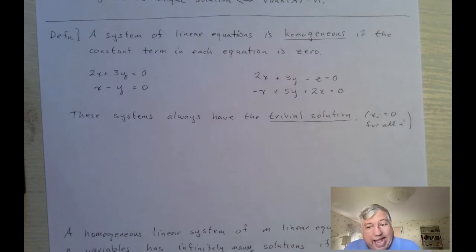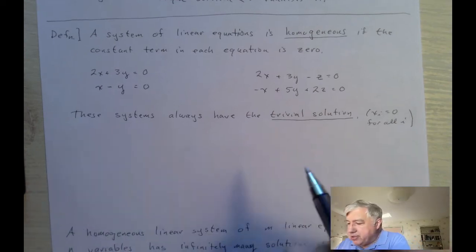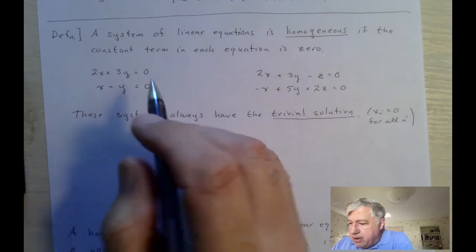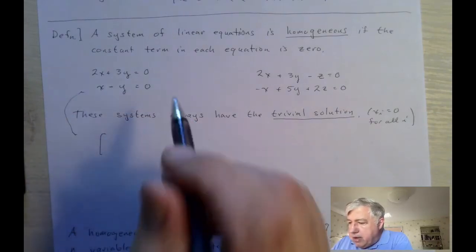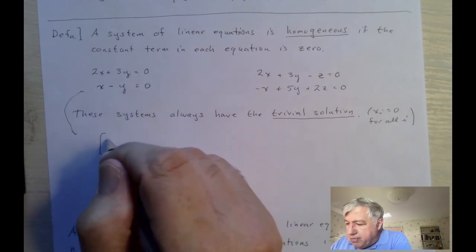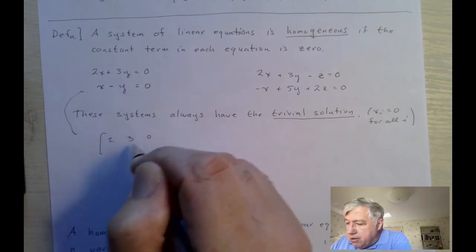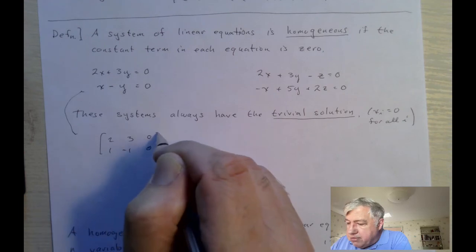Whether there are any more solutions depends on the reduced row echelon form of the coefficient matrix, or doing this process. So in this first case, the augmented matrix would be 2, 3, 0, 1, negative 1, 0.